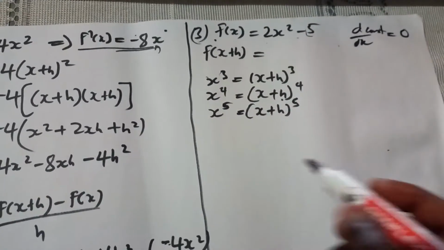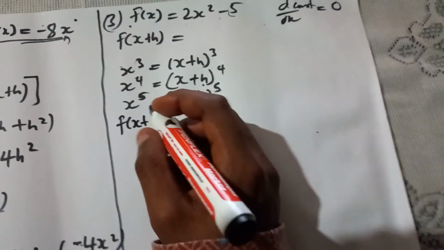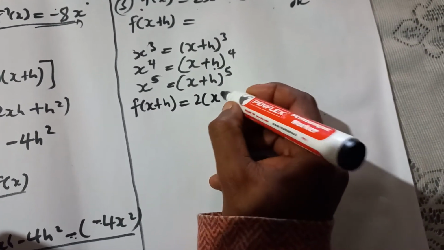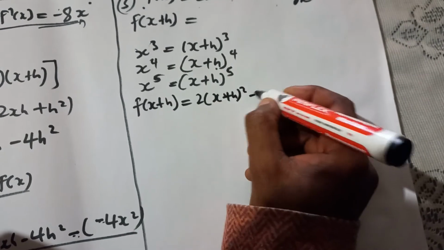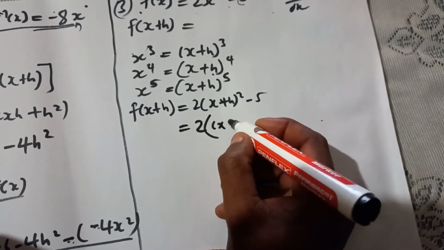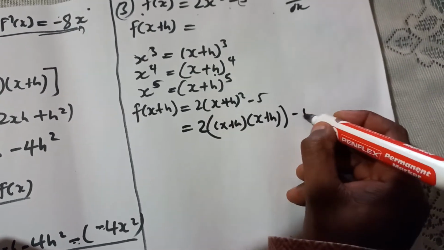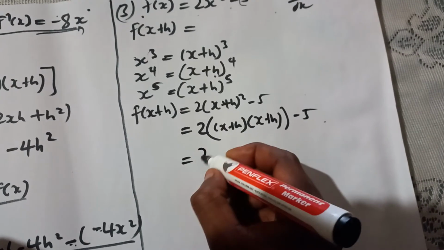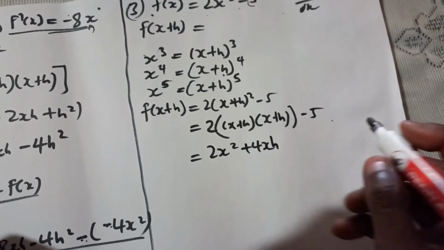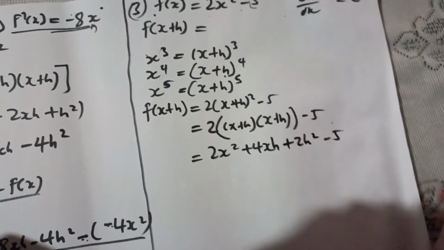So now our f of x plus h will be 2 times x plus h squared minus 5. 2 times x plus h, x plus h, minus 5. So this is going to be 2x squared plus 4xh plus 2h squared minus 5.